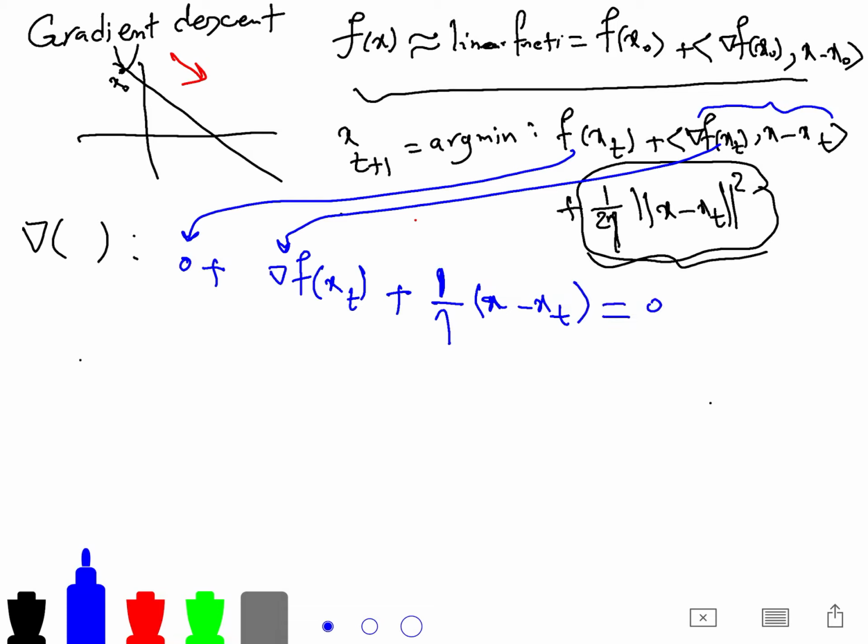So what you get is just the gradient descent algorithm.